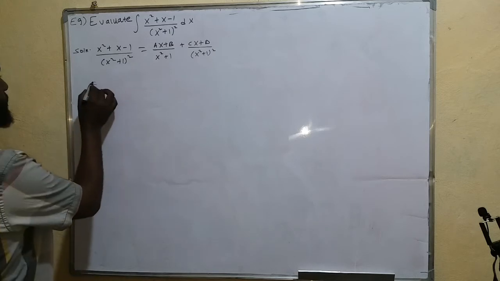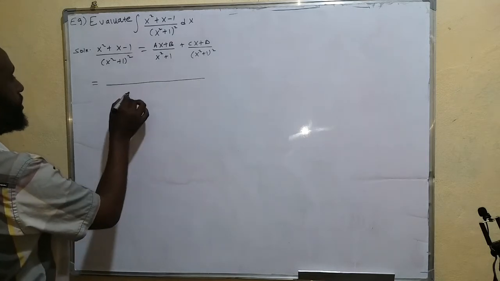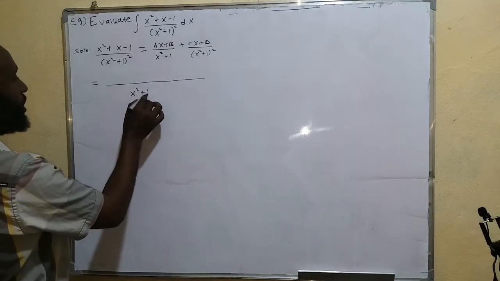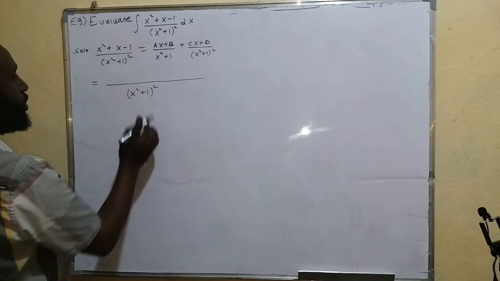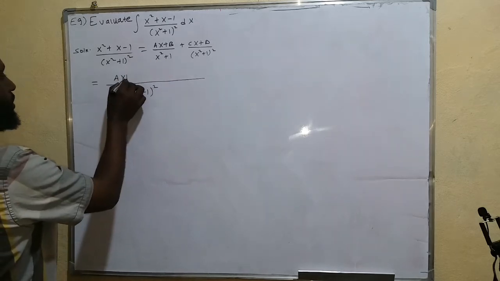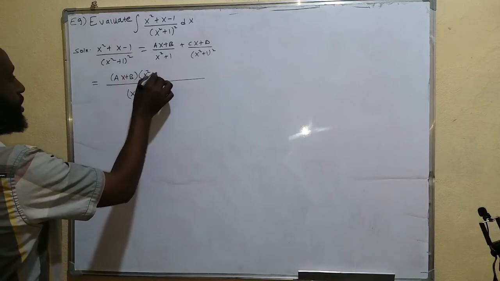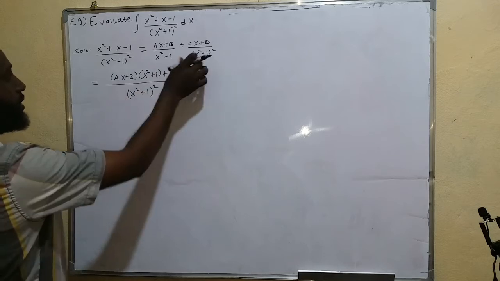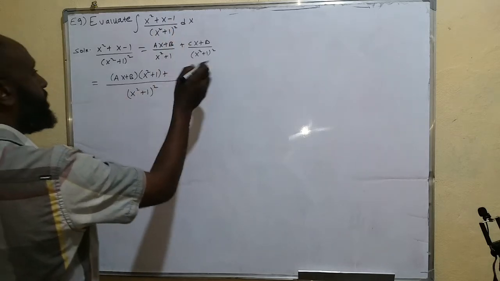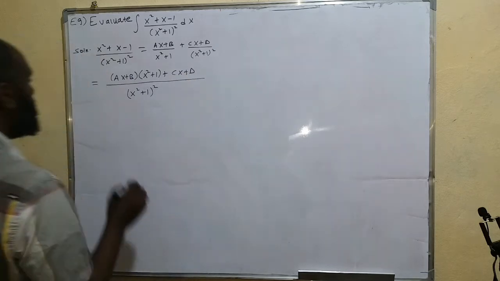So as usual, take the LCM. The LCM is nothing but x squared plus 1, the whole square. This divided by this is simply ax plus b times x squared plus 1, plus this divided by this is simply 1, that is cx plus d.